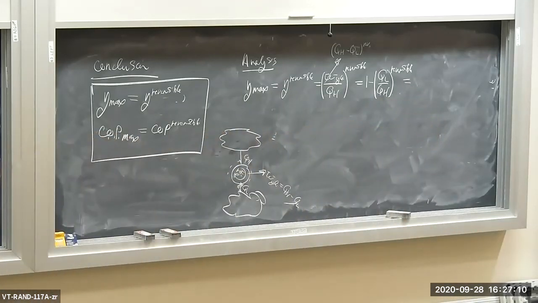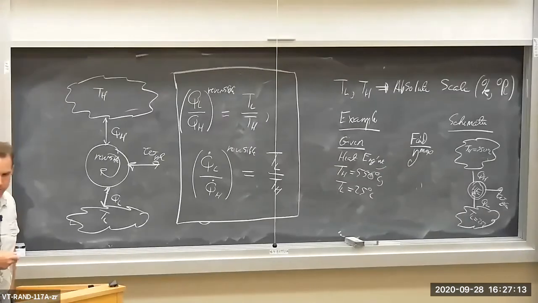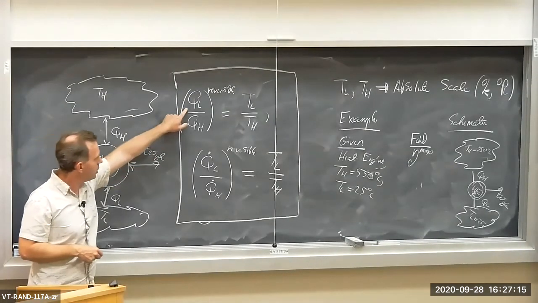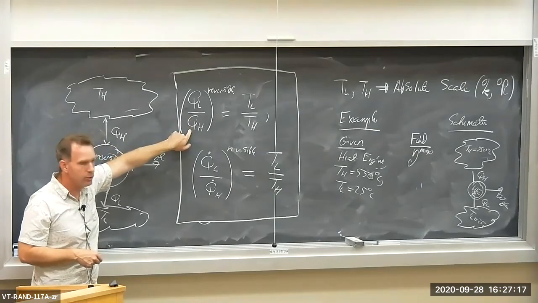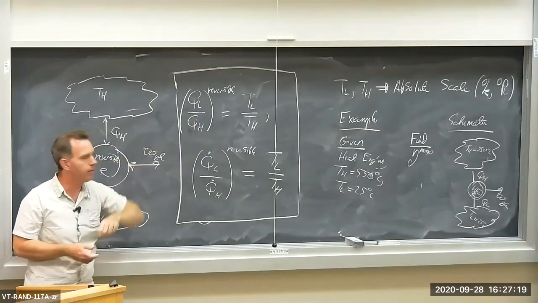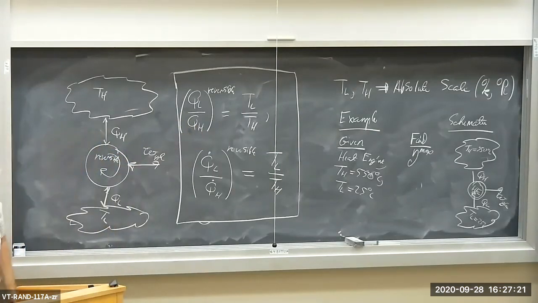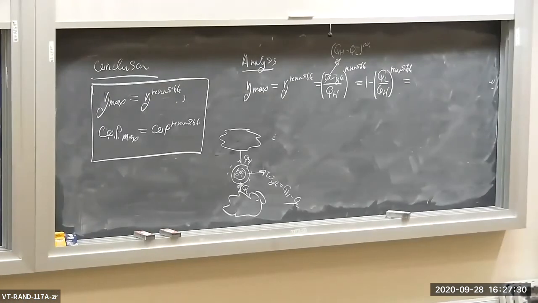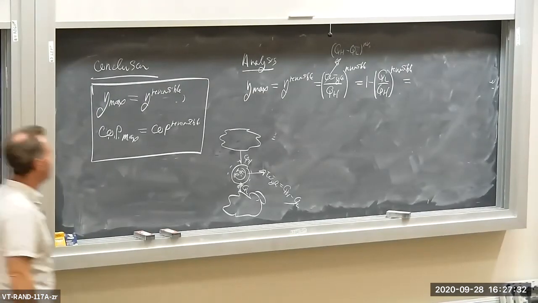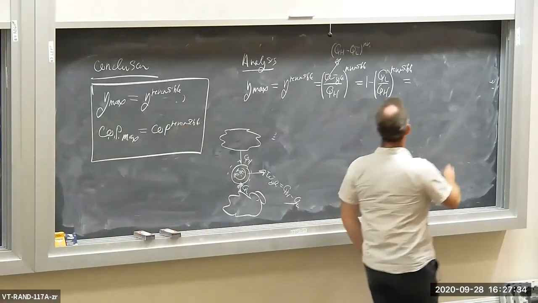Now, what is that ratio? That ratio is equal to the temperature ratio of the two reservoirs. QL over QH for a reversible process is equal to TL over TH for a reversible process. A reversible device utilizes a reversible process to produce work. Okay, so let's put that temperature ratio in here.